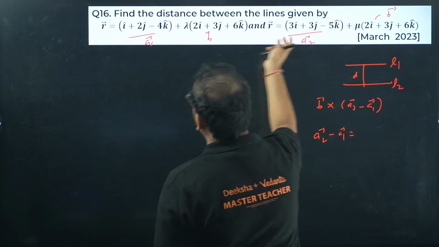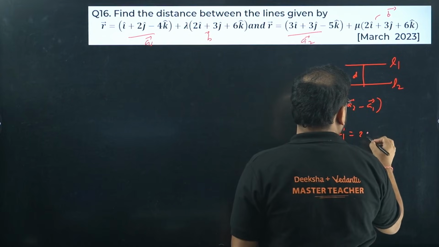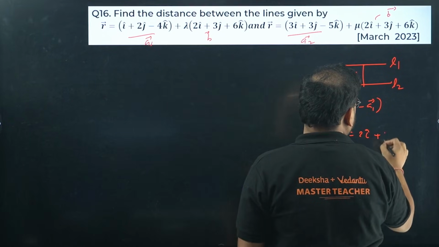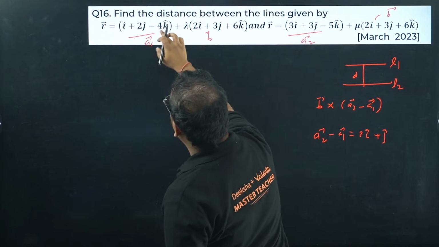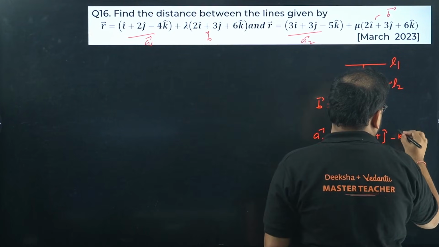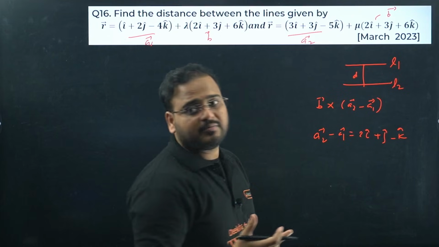We'll have the difference: 3 minus 1 is 2 i cap. With j cap, 3 minus 2 is just j cap, and minus 5 minus of minus 4 becomes plus 4, so minus k cap. The cross product will be what?